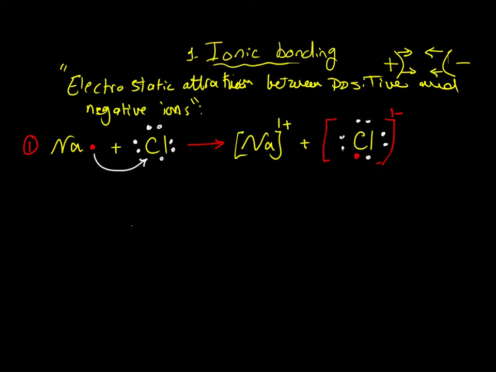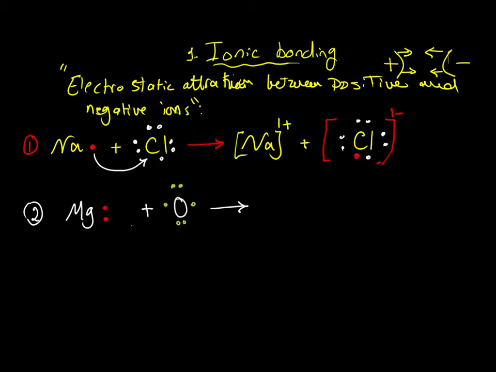Let's take another example. Mg and O. Look in the periodic table. You'll see that magnesium lies in group 2. It has then 2 electrons in the outer shell, while oxygen is in group 6 or 16 and it has 6 electrons in outer shell.